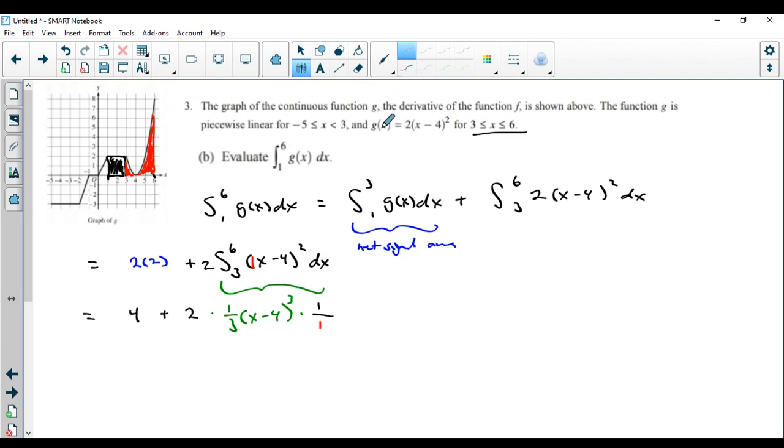Now that I found this antiderivative, I can't forget I have to evaluate this chunk from 3 to 6. So I would have 4 plus, I would take this 2/3, pull it out. First chuck in 6, so (6 minus 4) cubed, minus, then chuck in 3, (3 minus 4) cubed.